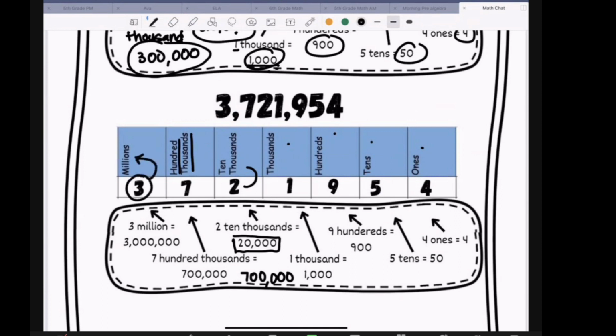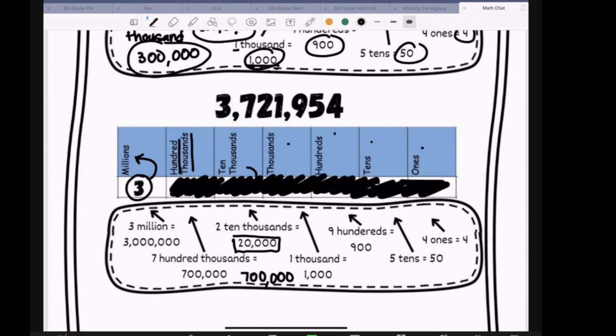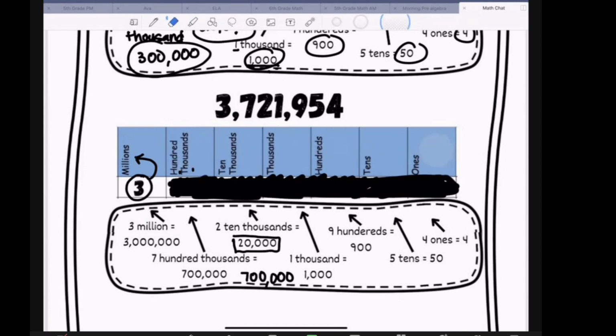3 million. I want to give you a little hint here, a little tip. In order to do that, I am just going to scratch all of this out and then use a different color because I want you to only see what I'm going to write here. So if you're struggling on how many zeros to use in your answer, you have a 3, and then all the rest of the place values are zeros.